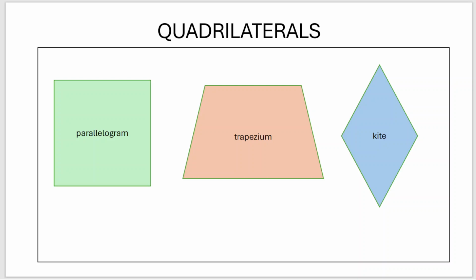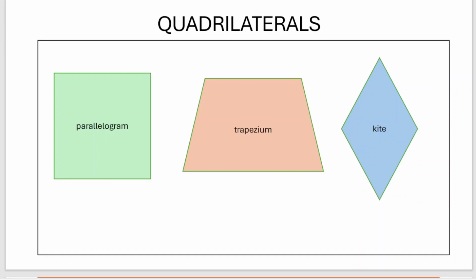Remember, these three are different types of quadrilaterals. Parallelogram is different, trapezium is different, kite is different. Each quadrilateral has its own unique properties. We will be discussing all the unique properties related to these quadrilaterals in the coming slides one by one.